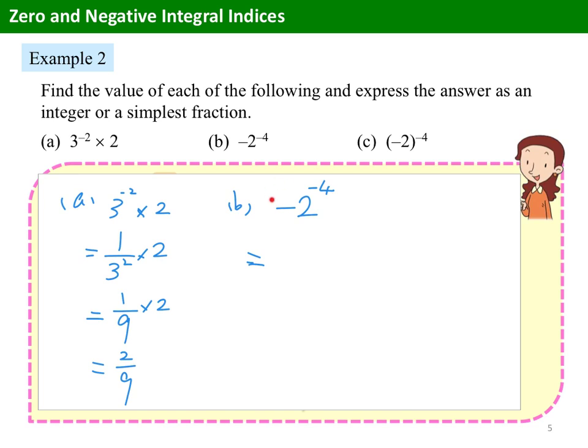This negative sign is not for the power 4, and you need to do the power first. So the negative you need to keep, and consider this one first. This one is equal to 1 over 2 to the power 4. So the answer is negative 1 over 16.